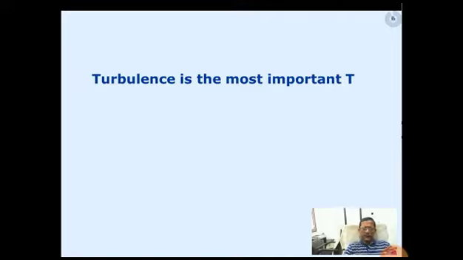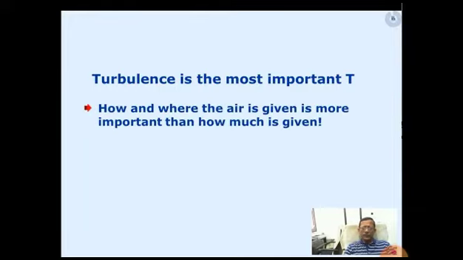Have the combustion at the right location, and only then can we have combustion optimization, right? It is actually more important how you are giving the air rather than how much air you are giving. How and where you are giving the air is much more important than how much.